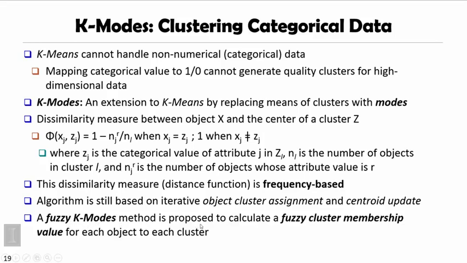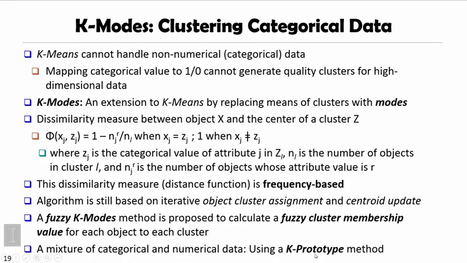The fuzzy k-modes method calculates a fuzzy cluster membership value for each object to its cluster. Simply put, you give a fuzzy cluster value. If an object is very close to this cluster, the fuzzy value is closer to 1. If it's far away from this cluster, the fuzzy value is closer to 0.